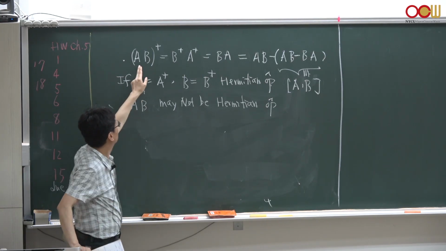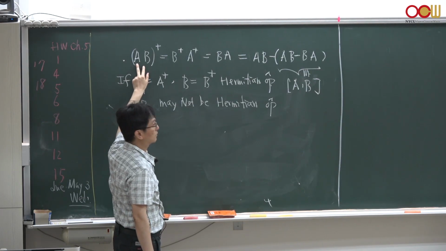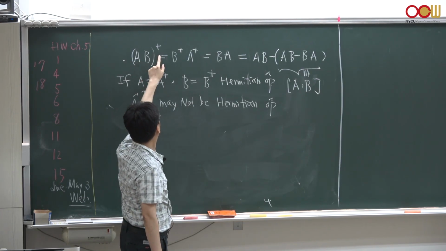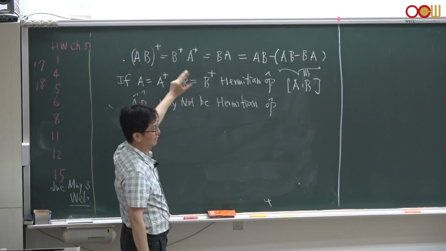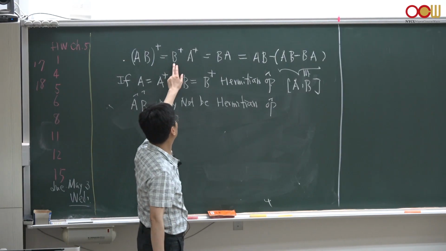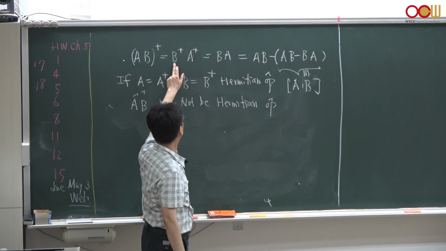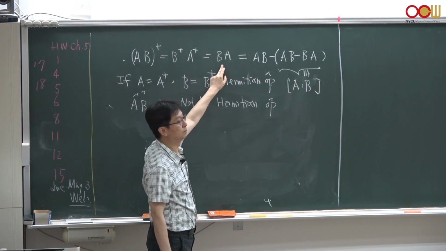Suppose A and B are both Hermitian operators. I take a product of A and B and put a dagger on the bracket for the whole thing. Follow the definition of the dagger of a product of operators: you get B dagger A dagger. But you know that B dagger is the same as B and A dagger is the same as A, so you get BA.